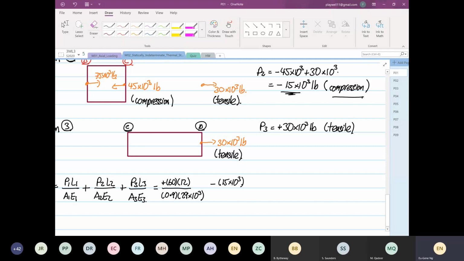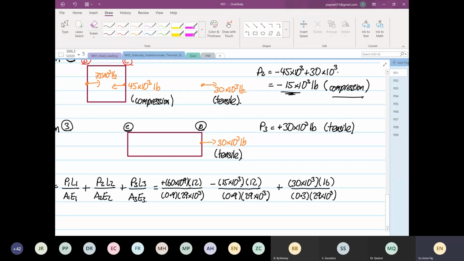I made a mistake earlier. It is 60 times 10 to the power 3, not just 60. And the length is 12. Likewise, multiply by 12. Now divide by 0.9. And then it's 29 times 10 to the power 3. And the last one is in tension. And then the length is 16. I think the cross-sectional area is 0.3. And this is 29 times 10 to the power 3.